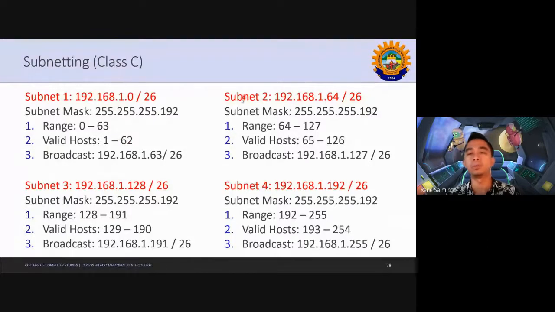Now for subnet 2, you have this number. Your subnet starts at this point, range of 64, and you have a valid host 65 to 126 and your broadcast address on this side.